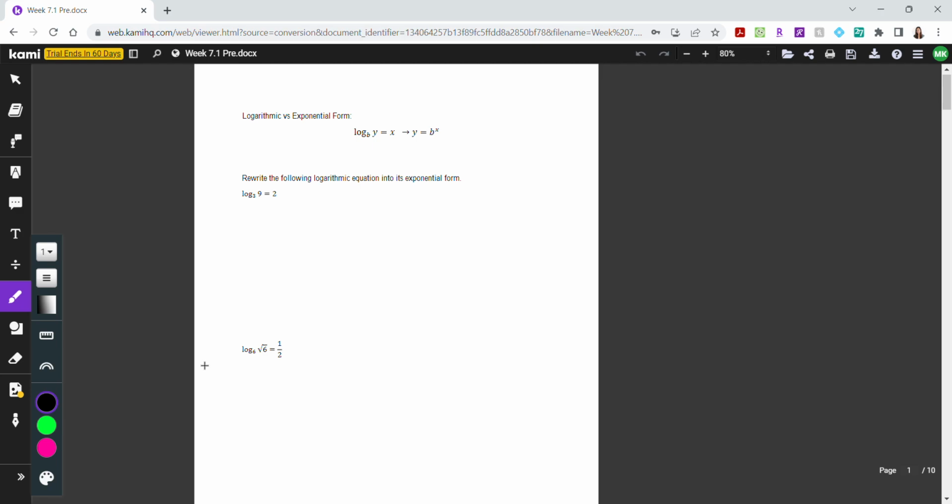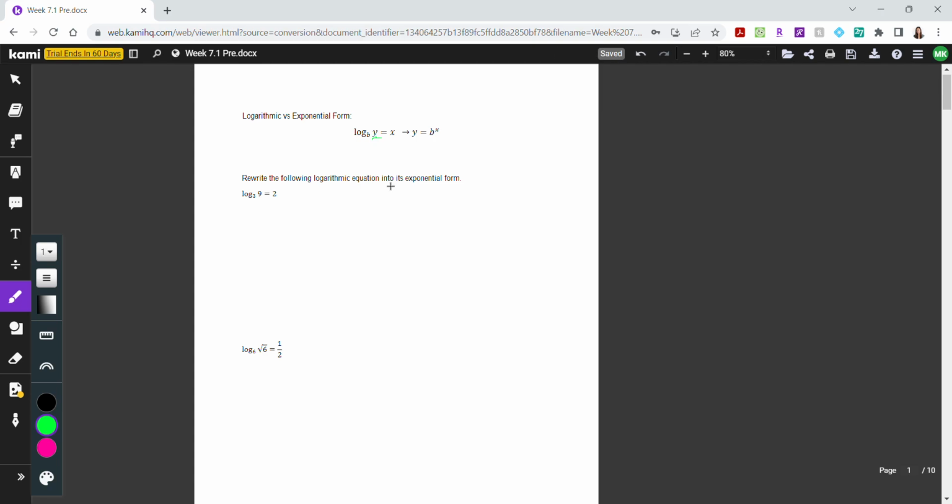Alright. So if we look at the formula right over here, we have log base b of y equals x, and when you transform it to an exponential, it'll become y equals b to the power of x. Now, my trick here is if you're transforming from logarithmic to exponential, y is going to stay the same.